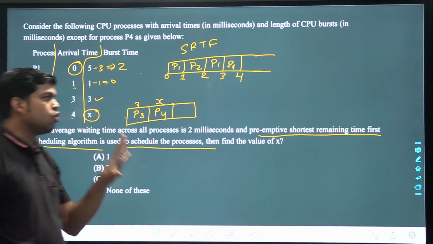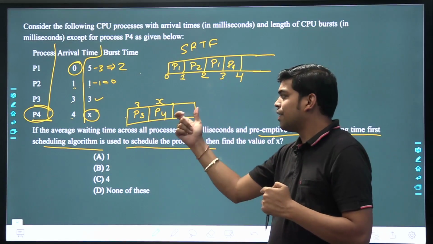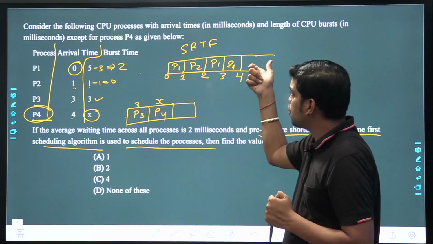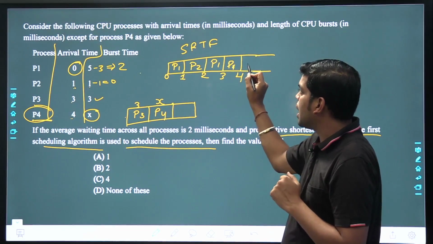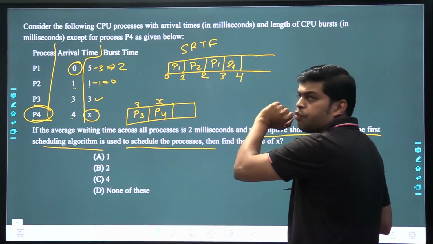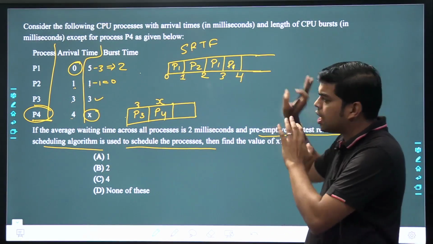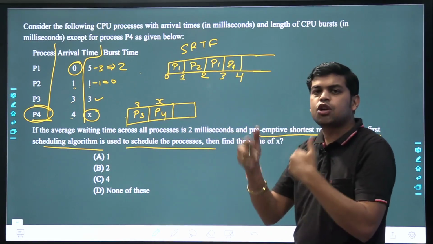So there are two ways. We are definitely sure that P3 is not executed in this slot because the remaining time of P1 is less than P3. So either P1 executes continuously or we execute P4.